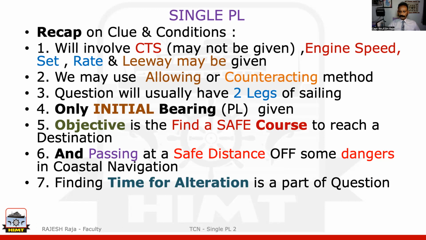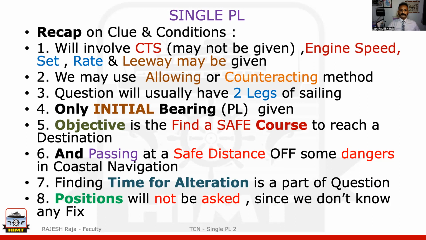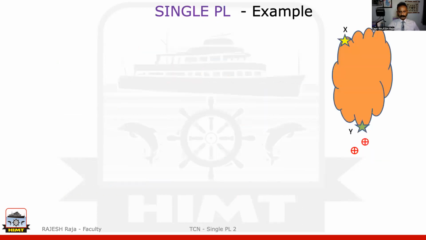So for me, the two important things are finding a safe course and time for alteration, provided the passing safe distance criteria is given. Positions in this type of question will not be asked because normally I will not be given any fix. So in this single PL concept, normally they will not ask you for positions.